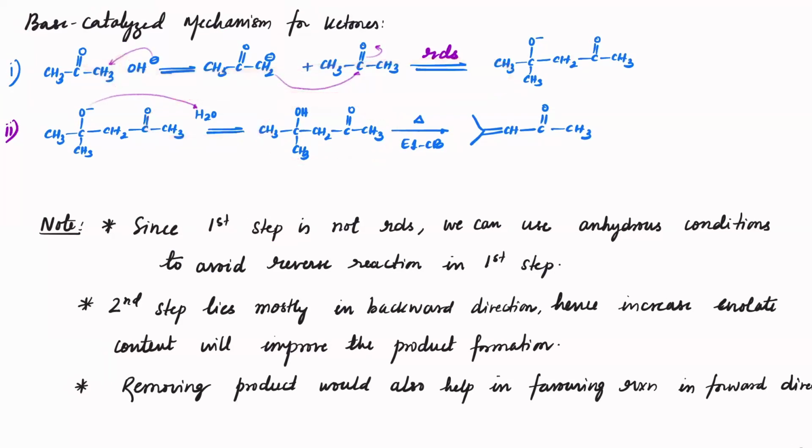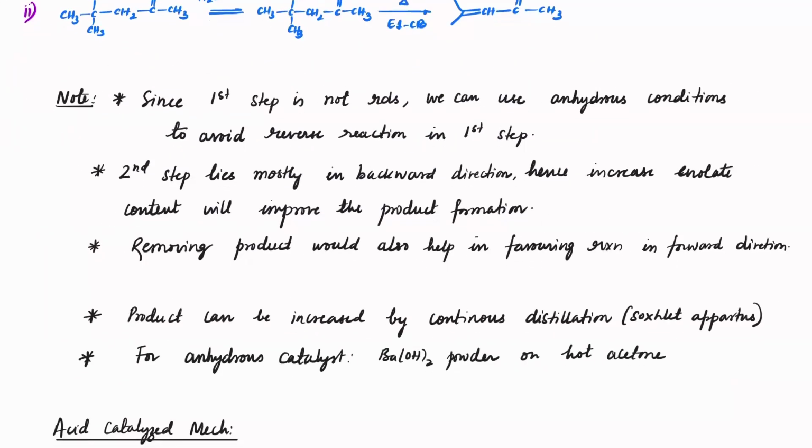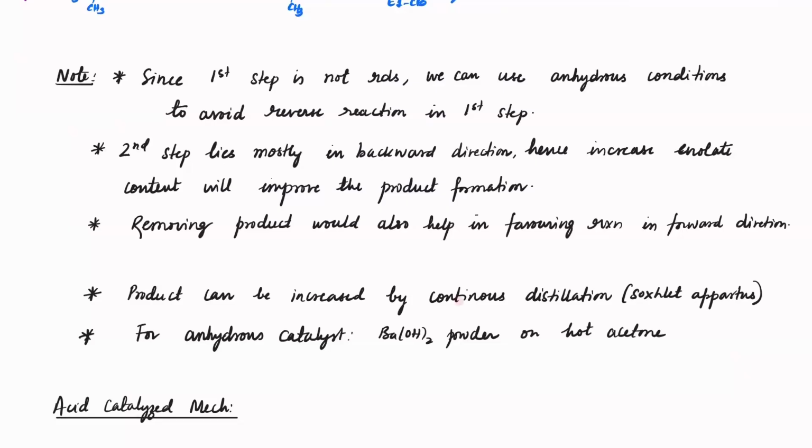So it's very difficult to get any sufficient percentage of aldol here. That's the reason why, to increase the product, you continuously distill the product that has been formed. And for this, we use something called a Soxhlet apparatus, where we take the vapors and continuously remove them from the reaction.